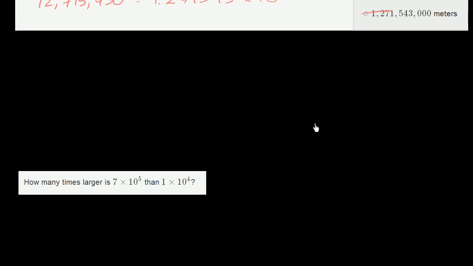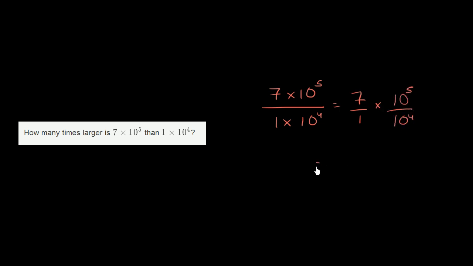So here we're asked, how many times larger is 7 times 10 to the 5th than 1 times 10 to the 4th? Well, we could just divide to think about that. So 7 times 10 to the 5th divided by 1 times 10 to the 4th. Well, this is the same thing as 7 over 1 times 10 to the 5th over 10 to the 4th, which is going to be 7 divided by 1, which is 7.